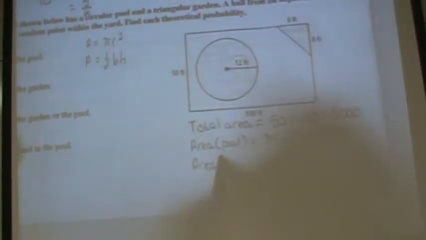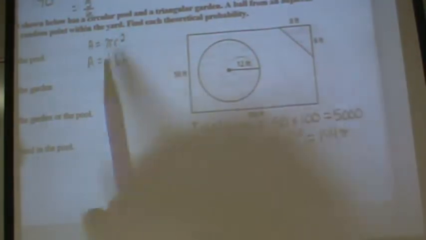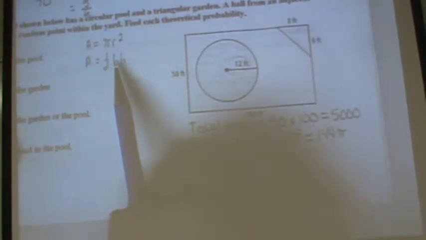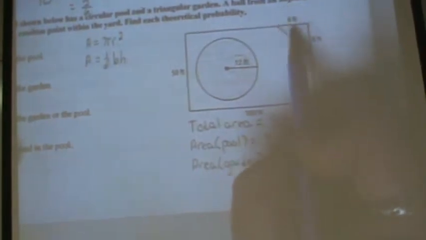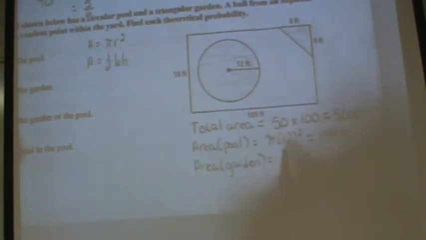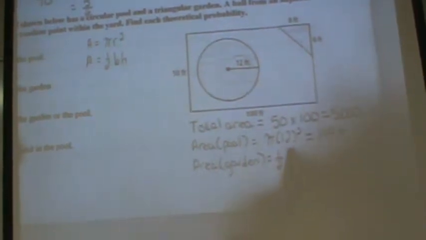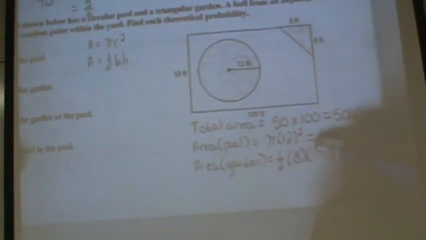So area of the garden. To find the area of our triangle, we use 1/2 base times height. Our base is 8 feet, and our height is 6 feet. So it's going to be 1/2 times 8 times 6. And when you plug that into your calculator, you end up getting 24.